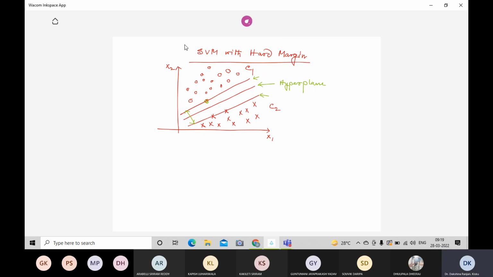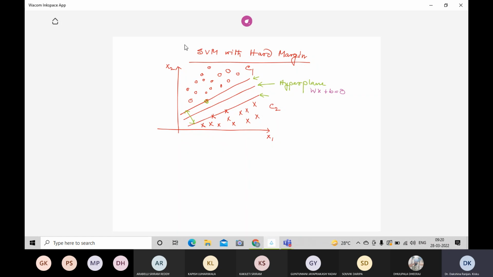So for the equation for the hyperplane, if we consider, this is wx plus b equals to 0. Okay, so our assumption that we make for the hyperplane is that the hyperplane will maintain the equal distance from support vectors which are on the margin for class C1 and C2.